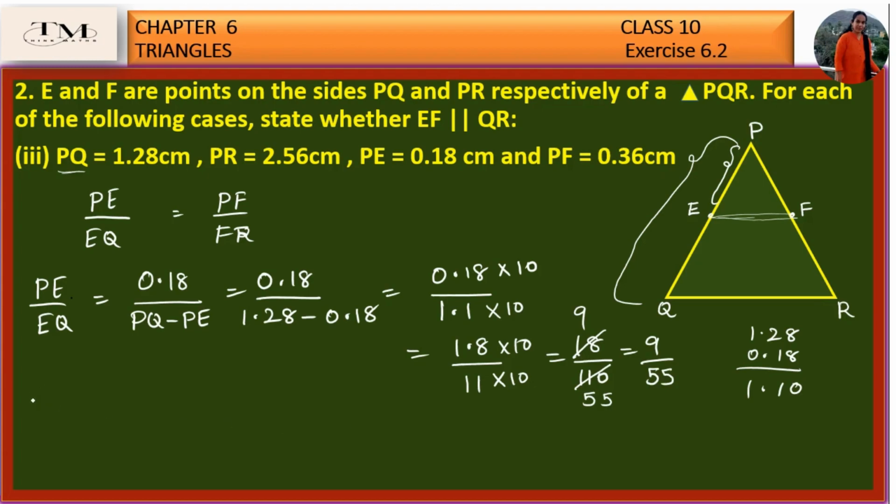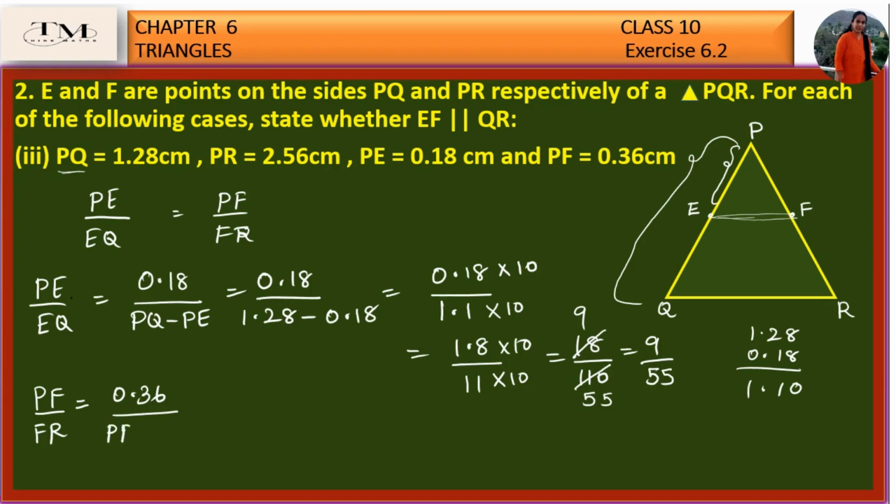So let us check for other half. PF by FR. What is PF? PF is 0.36. FR is not given. Instead, they gave the PR. PR, if it is given, PF is given. FR is nothing but PR minus PF.